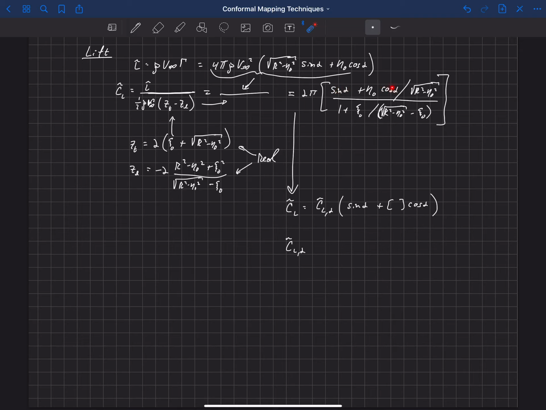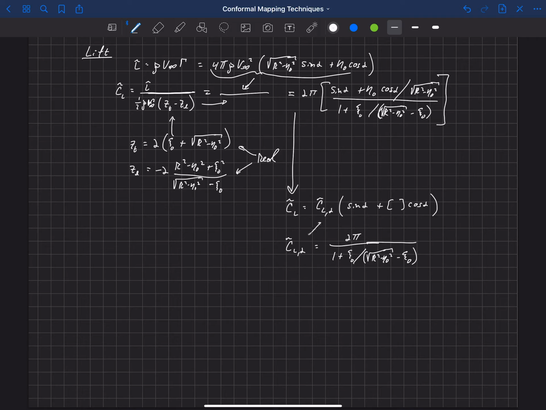So we can pull it all out front, and the lift slope is equal to 2 pi over 1 plus c naught over the square root of r squared minus eta naught squared minus c naught. That's what we're going to call CL alpha.